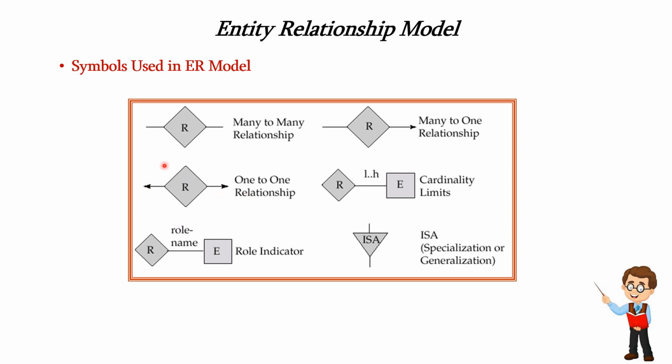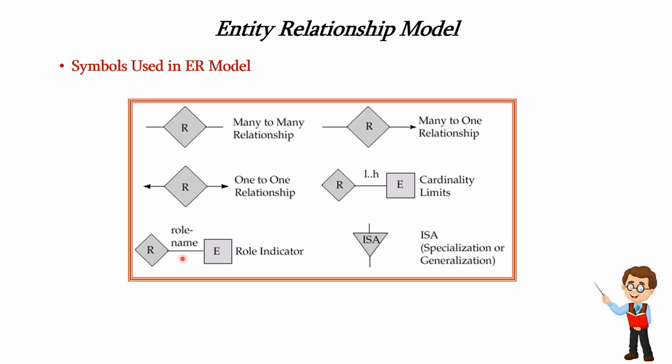So one entity on the left hand side can be connected to at most one entity on the right hand side through the relationship R. We can also represent these cardinality limits with another notation like 1..H. Here H can be either 1 or M, 1 indicating one and M indicating many.